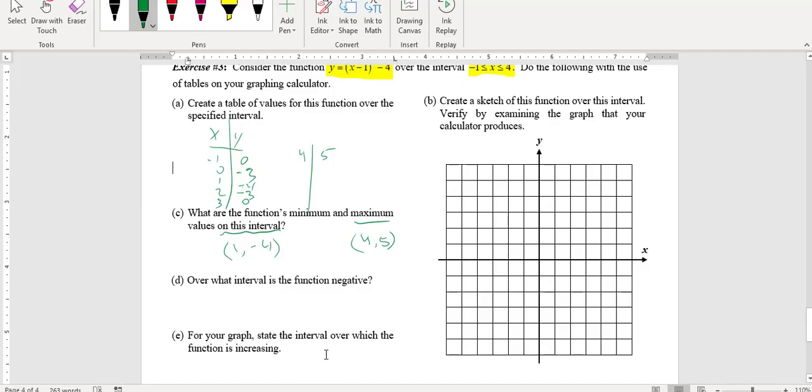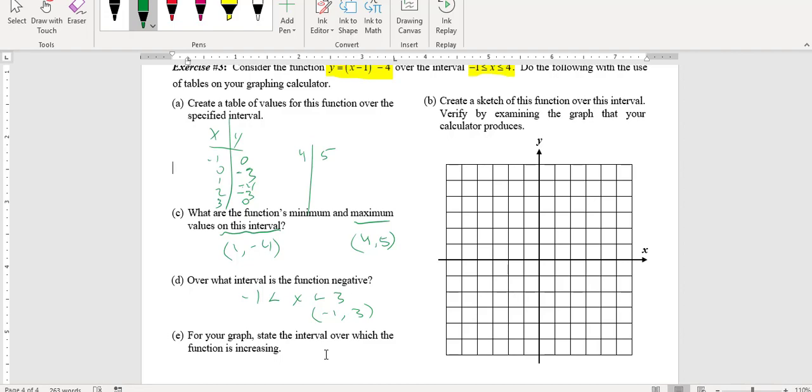So the way this one would actually be written is negative 1 is less than x, which is less than 3. We don't include them this time because at those spots, the y value was actually 0. It's not negative. And so with this one, the other way it could be written is with parentheses like this. Okay.